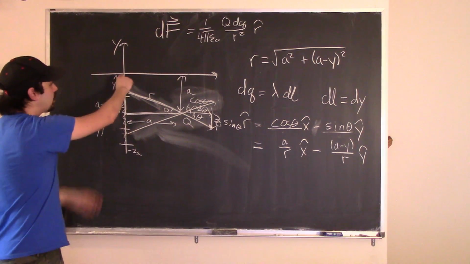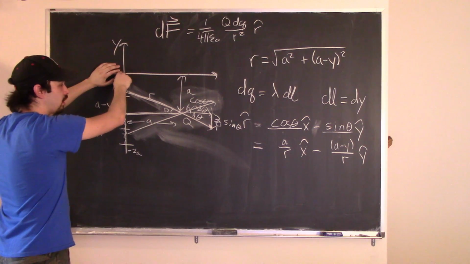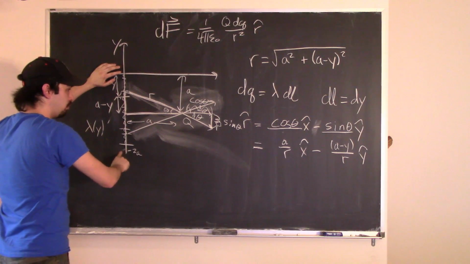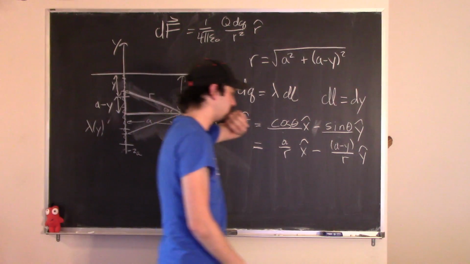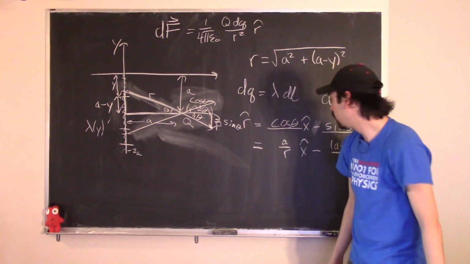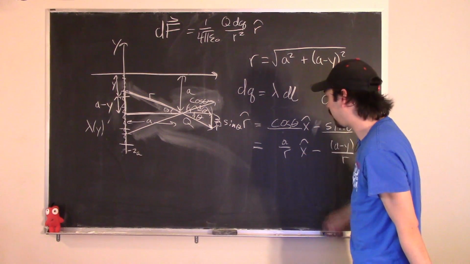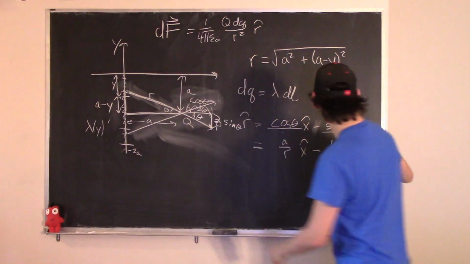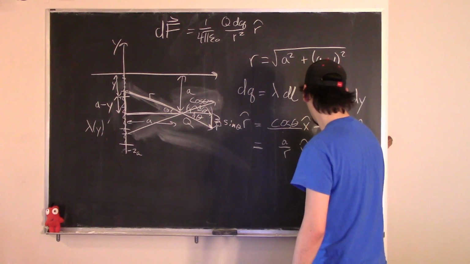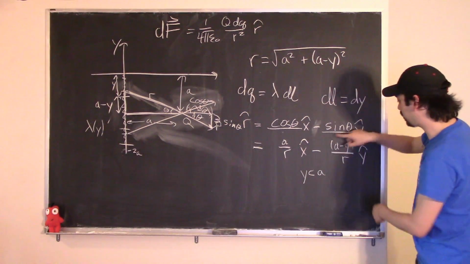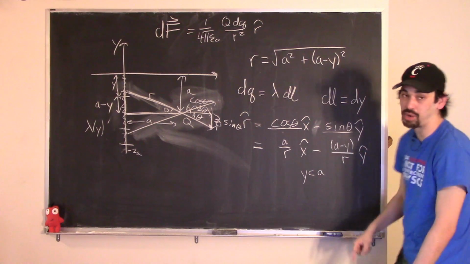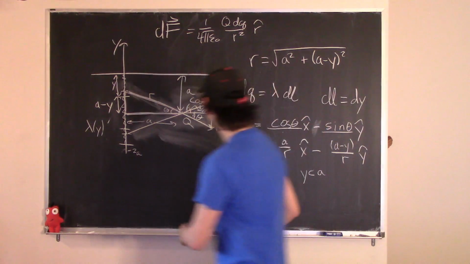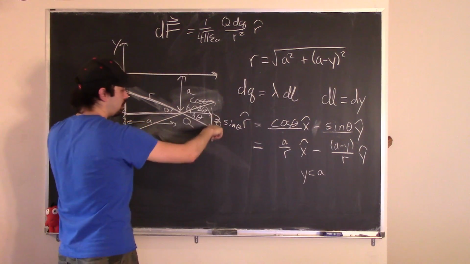So y is going to start at 0 up here, and it's going to go to a, and then it's going to go to minus 2a, or at its range, it's going to have values that are larger than a. So what that means here is that if y is smaller than a, then this numerator is going to be positive. And so if the numerator is positive, I'm multiplying it by a negative sign. That's going to give me the behavior that I want here, right?